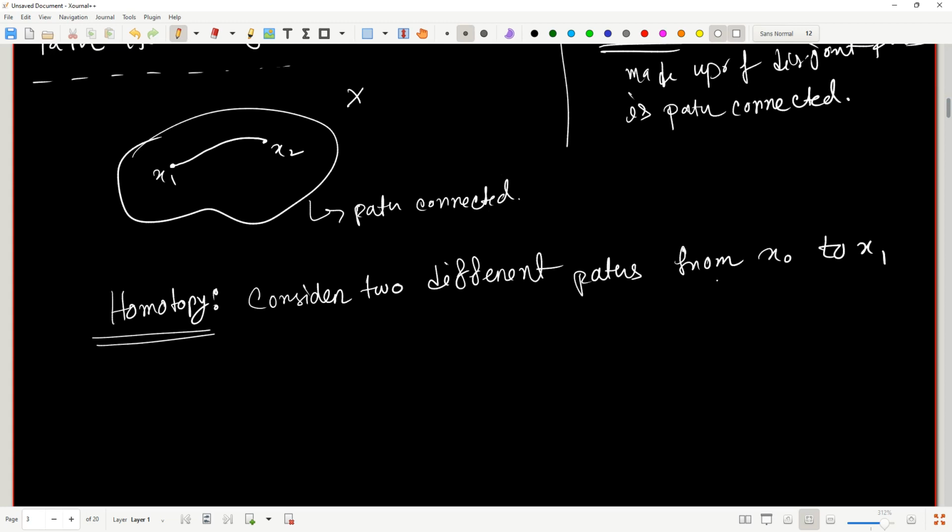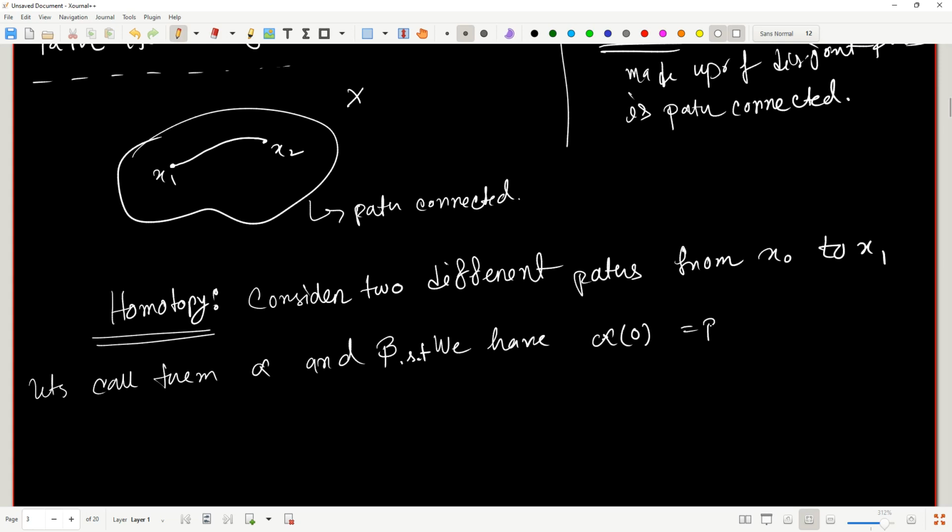So we have two different paths from x0 to x1, and let's call them alpha and beta, such that alpha 0 equals beta 0 equals x0, and alpha 1 equals beta 1 equals x1.